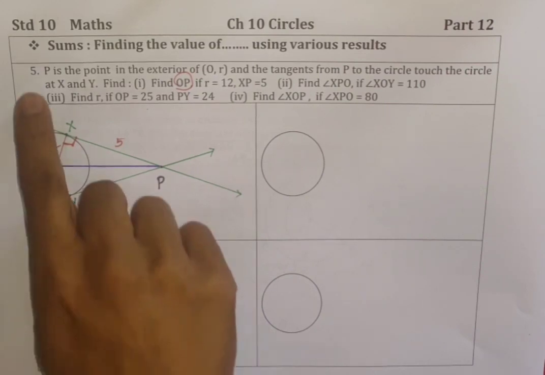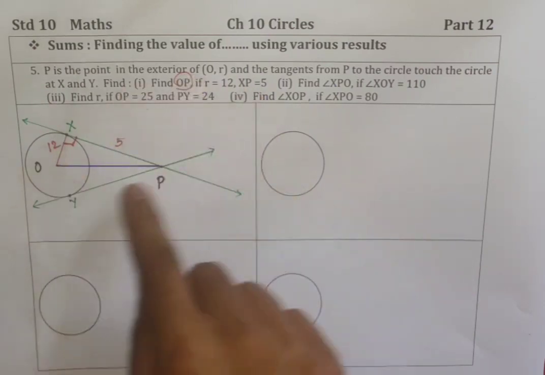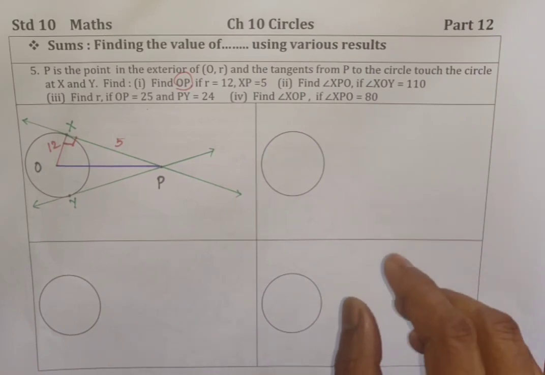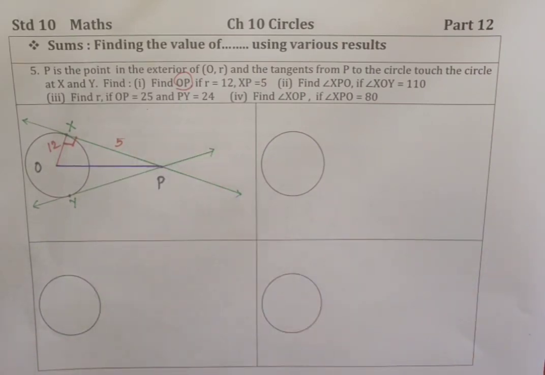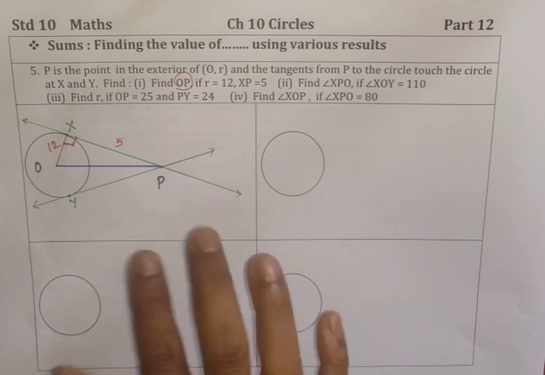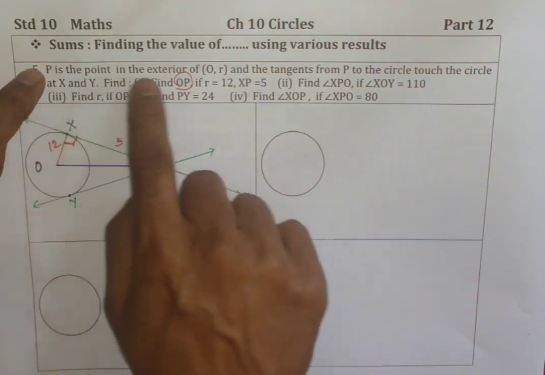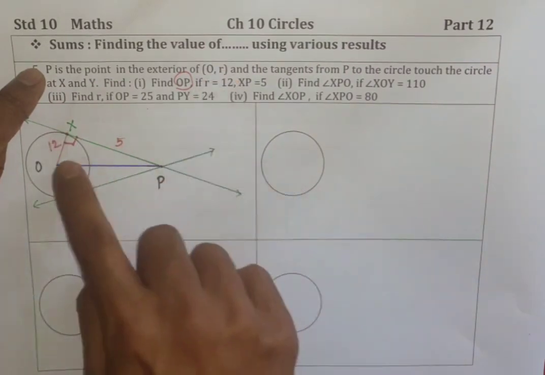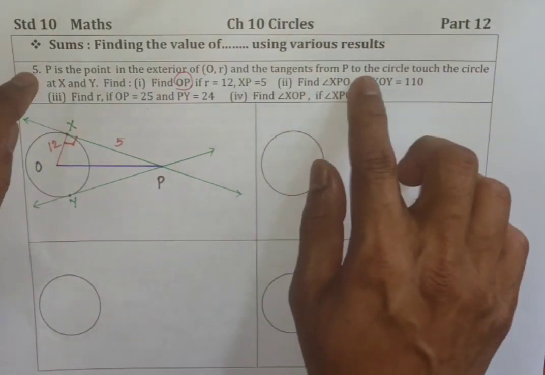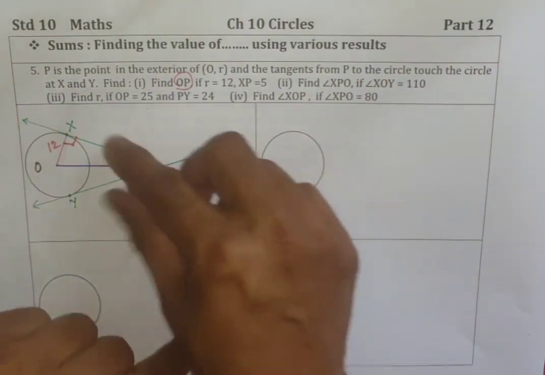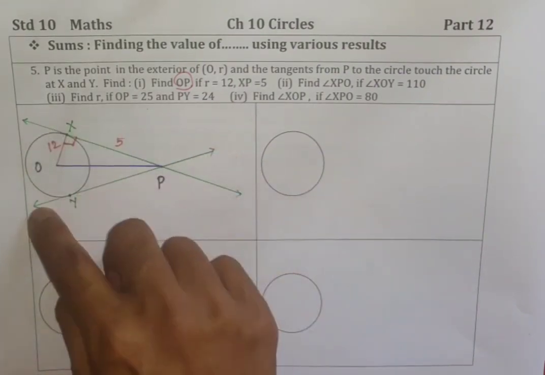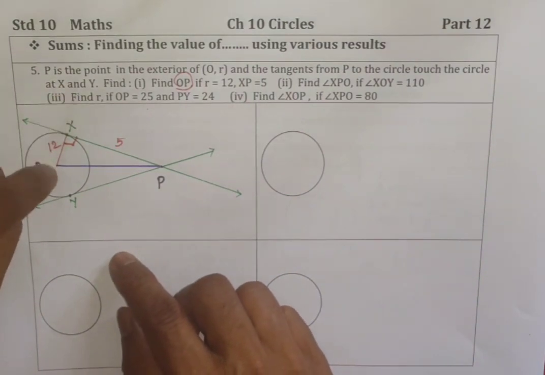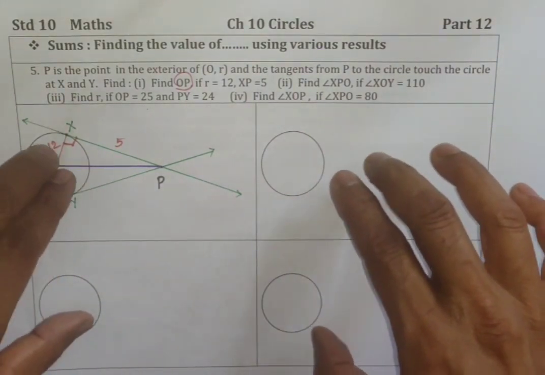So moving on to the next one, that is the fifth one. Children, you can see some part already done because I recorded without putting on the camera. So this much part was done and then I realized that I didn't put on the camera. So I'll explain to you. P is a point in the exterior of a circle, correct? So here is a circle with center O and some radius R, and from this point P, two tangents can be drawn, the green line and green line, touching the circle at X and Y. Yes, they are touching at X and Y. I forgot to tell that also.